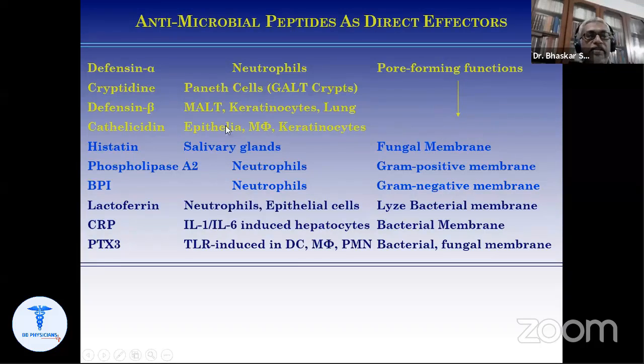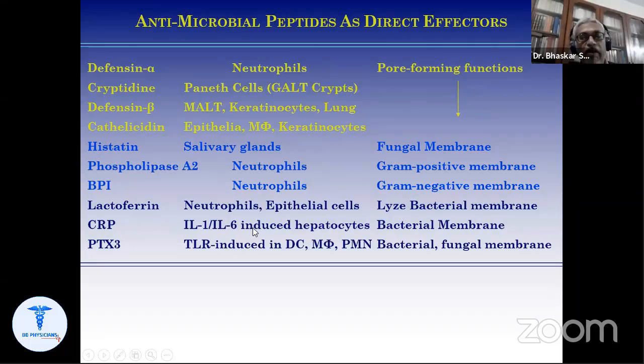In addition, there is histatin, which is produced by salivary glands, and they also attack the fungal membrane. And phospholipase A2 or PLA2 from neutrophils works on gram-positive membrane, and BPI, produced by neutrophils, works on gram-negative membrane. Lactoferrin produced by neutrophils or epithelial cells lyses the bacterial membrane.